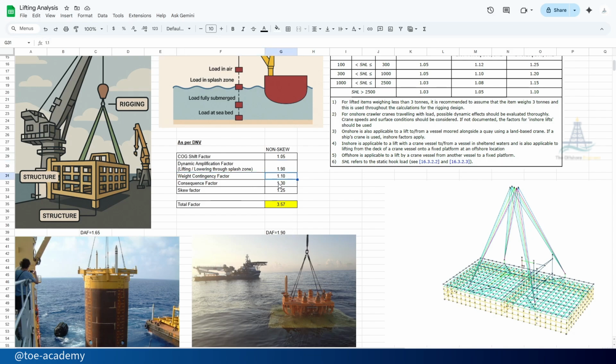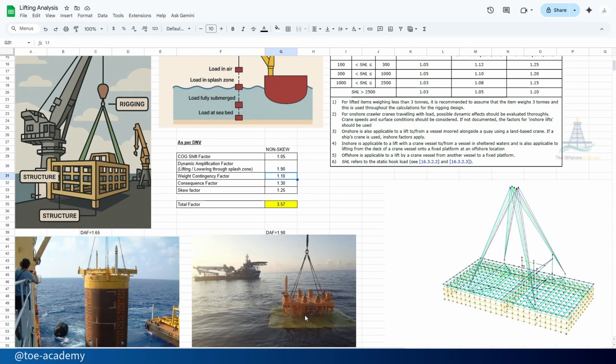The next one is the weight contingency factor. The weight contingency factor accounts for the increase in weight. After the design stage, when we do the fabrication, there will be some weights which we did not account for. So there can be some increase in the weight of the final fabricated structure. This value varies from stage to stage.